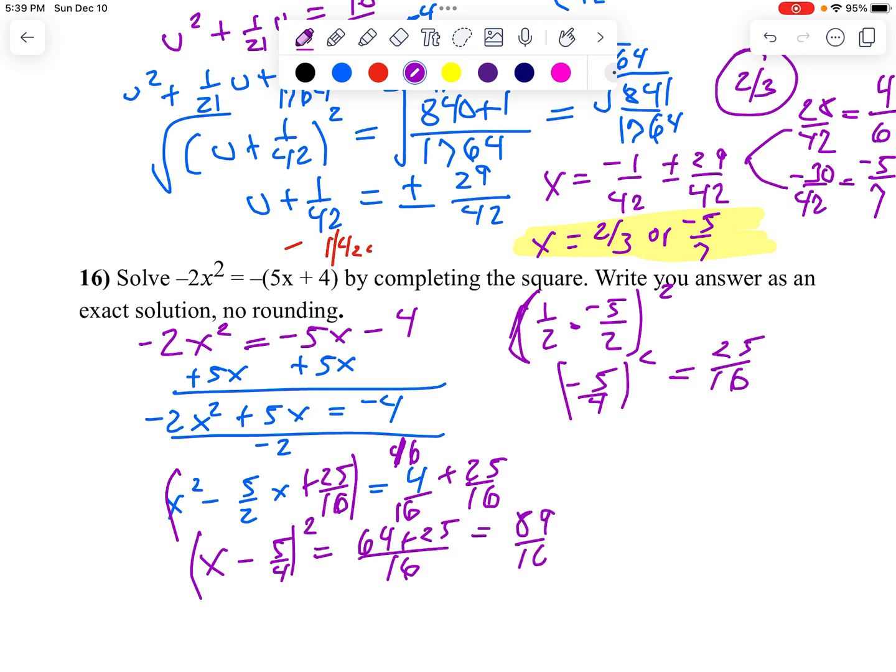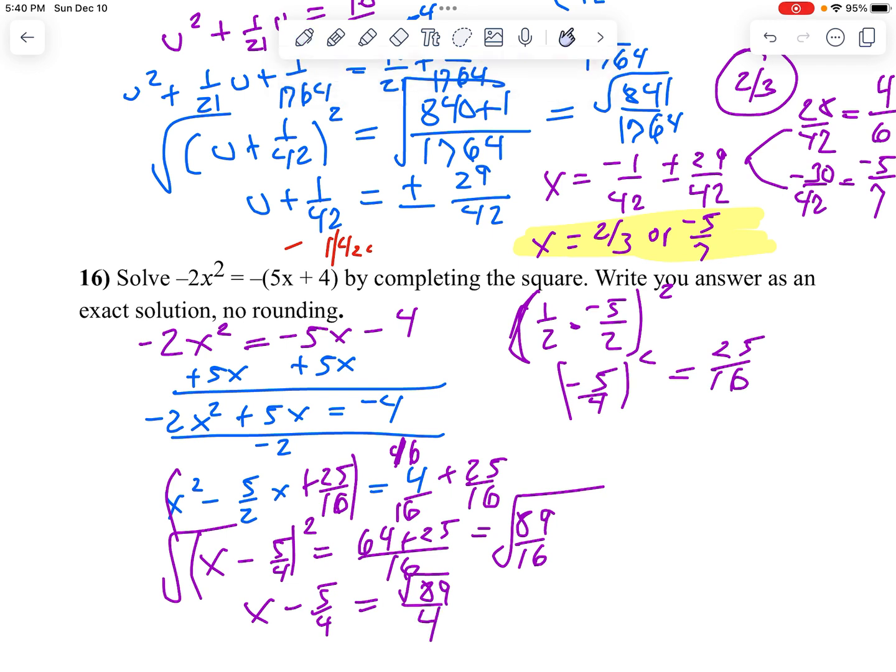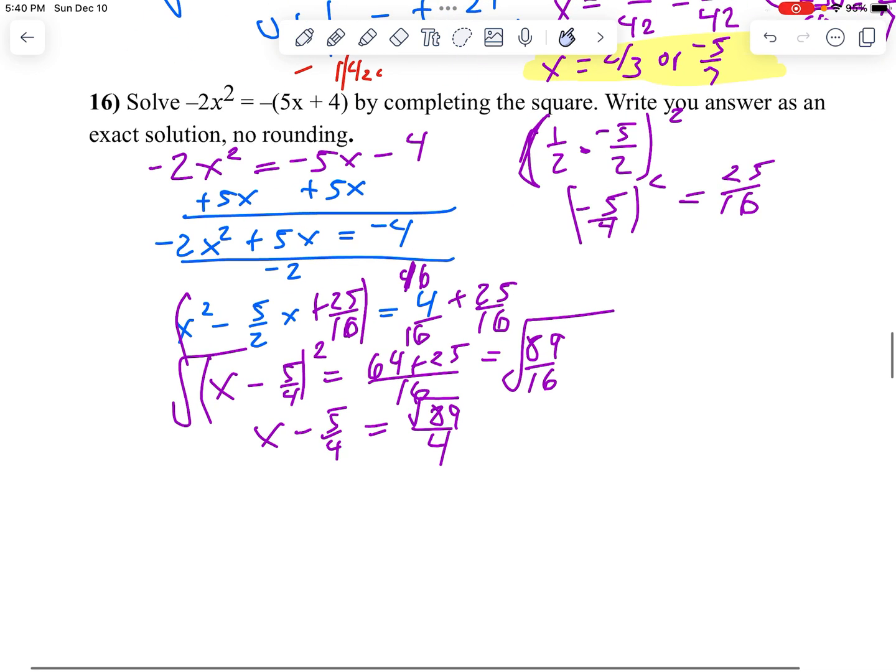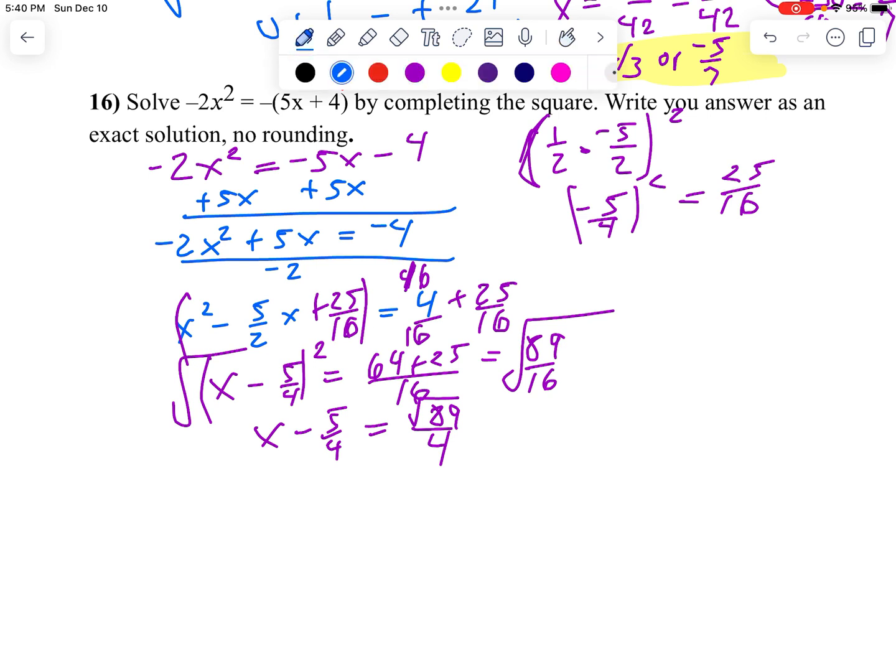over 16. Now, if I take the square root of both sides, I'll get x minus 5 over 4 equals, now the square root of 57, I can't simplify it. It's the square root of 57 over 4 because the square root of 16 is 4. And then we'll just add 5 over 4 to both sides.